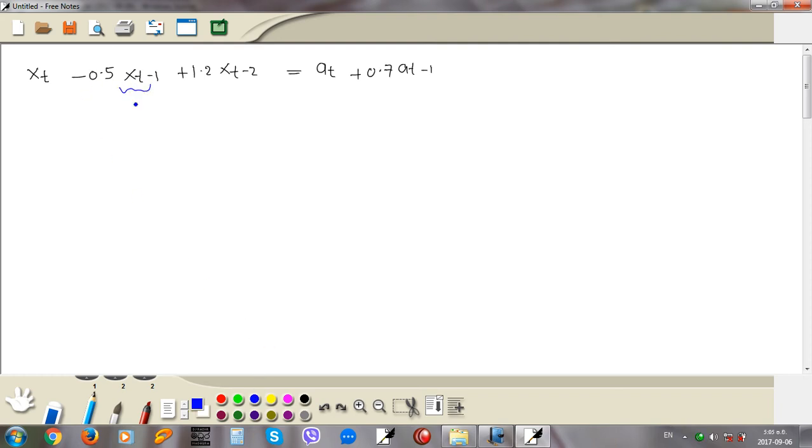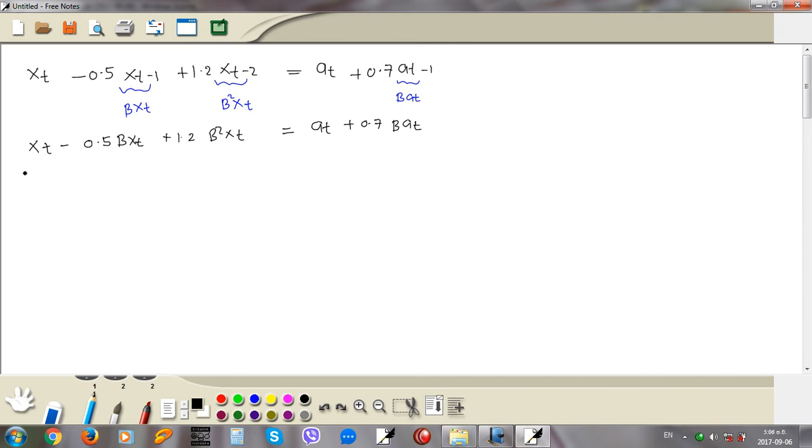So xt-1 means B times xt, and xt-2 means B squared times xt. Similarly, at-1 is B times at. Then in the next step we can write xt - 0.5 B xt + 1.2 B squared xt = at + 0.7 B at.